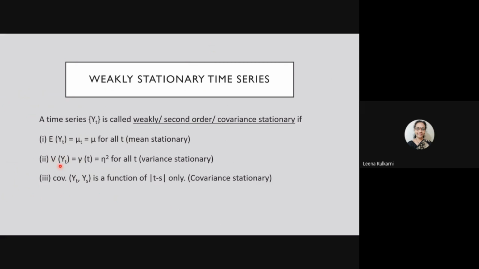The variance at time t is again the same for all t, and the covariance between yt and ys is a function of the difference between the time parameters t and s, which is called the lag.